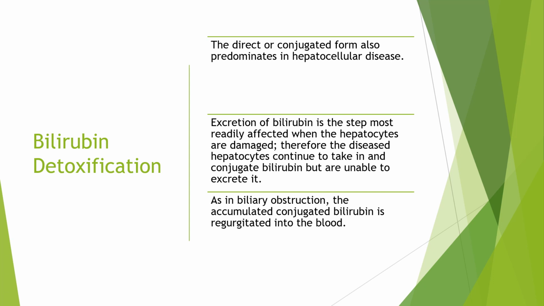And the excretion of the bilirubin is affected when the hepatocytes become damaged, and therefore the diseased hepatocytes continue to take in and conjugate the bilirubin, but again, they're unable to excrete it. So just like with obstruction, that accumulated conjugated bilirubin gets regurgitated back into the bloodstream to float around our body.